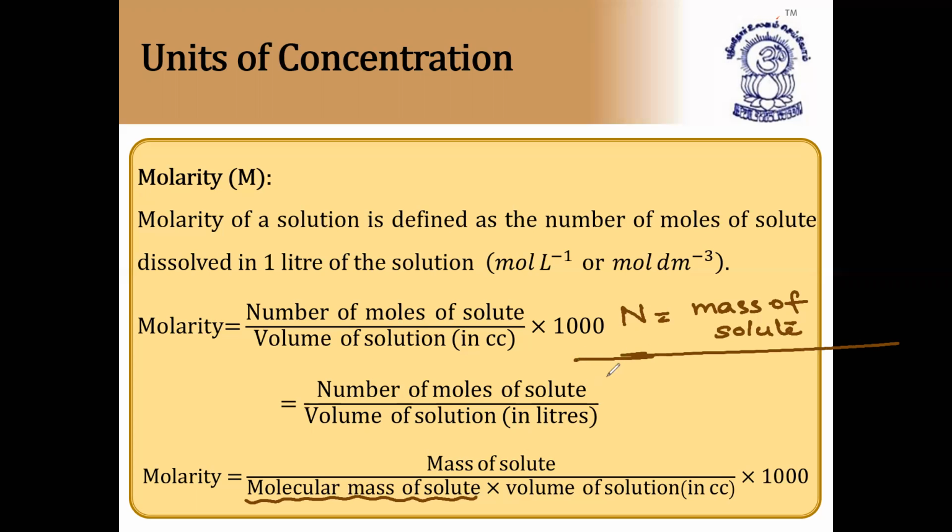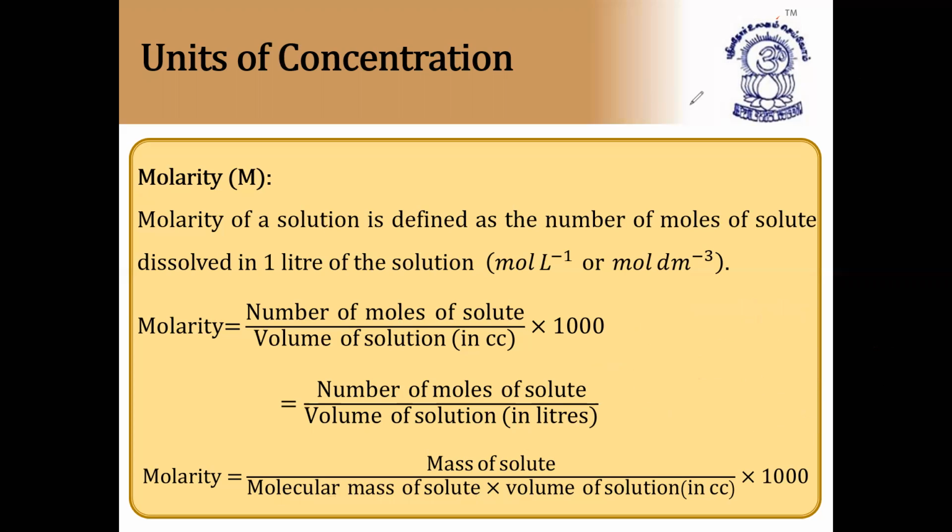You cannot write molecular mass here; we should write only equivalent mass of solute. As I have taken volume of solution in liters, no need to write 1000. I hope this is clear. So molarity and normality have a slight difference, which we'll also discuss in the coming session.